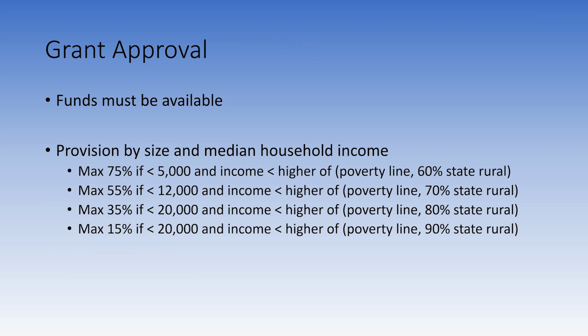So then if you take 60% of that as a ballpark number of $26,268, that would be a fairly recent state rural level. So if you're less than that, then you're eligible for the maximum 75% grant funding, which is the best kind of funding because you don't have to pay it back.